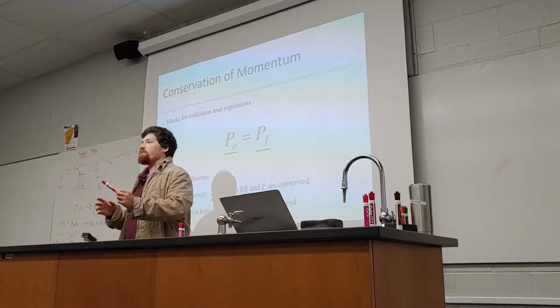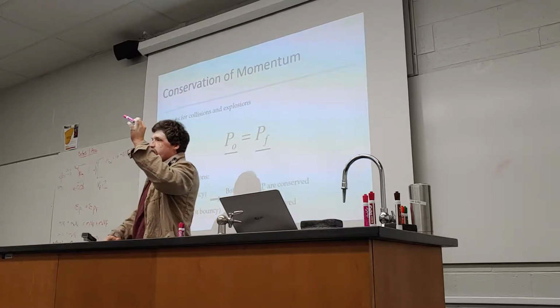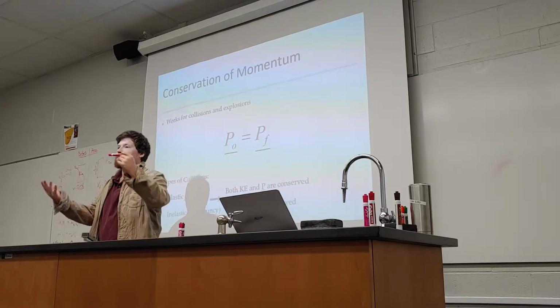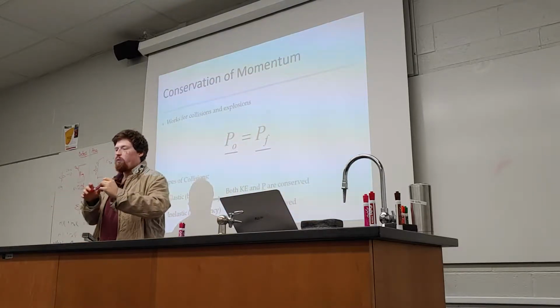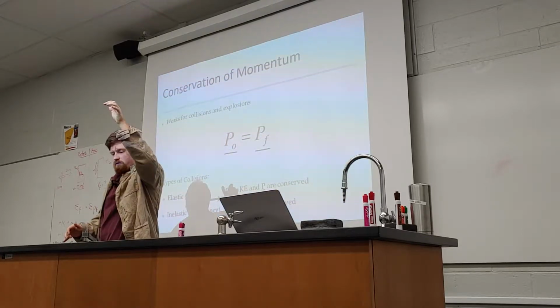Now, I'm going to create an inelastic collision when I drop this marker onto this tabletop. And I want us all to think together about where the kinetic energy goes in this collision.